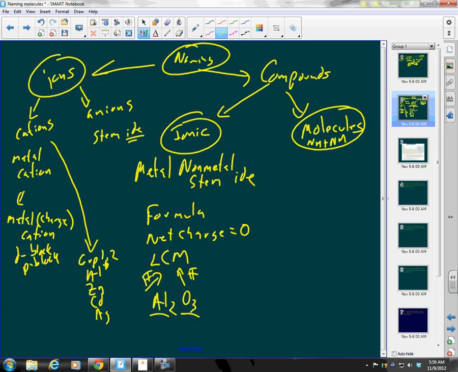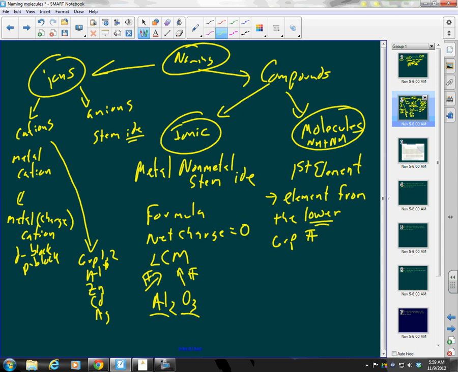First thing we have to do is decide what element comes first. Here's the rule: the first element is the element in the lower group number.